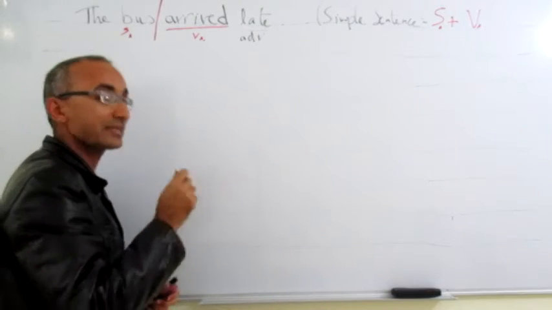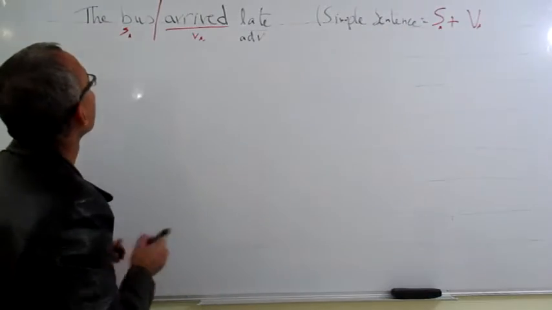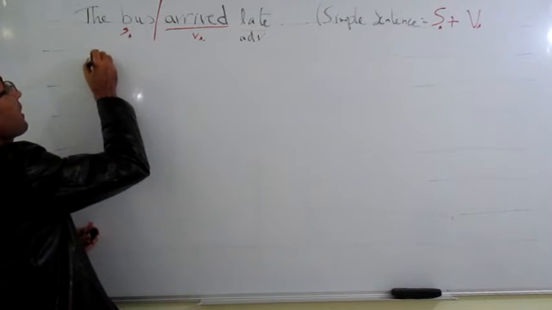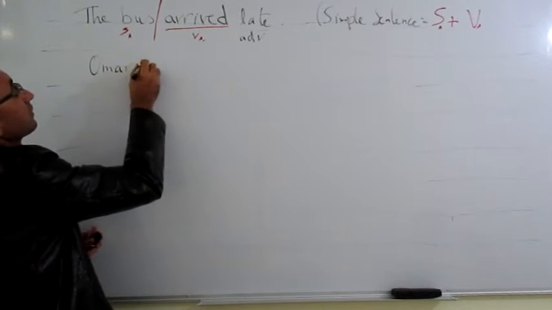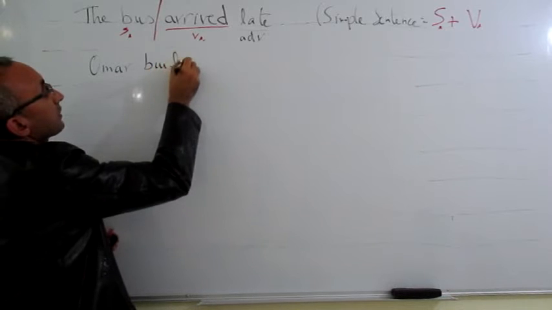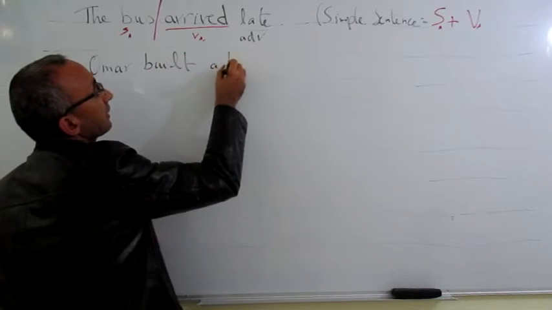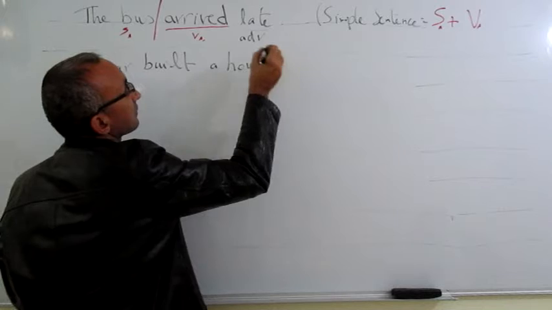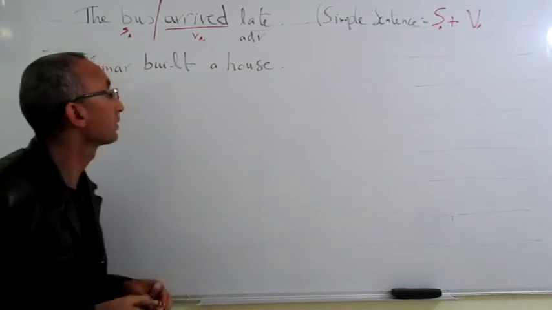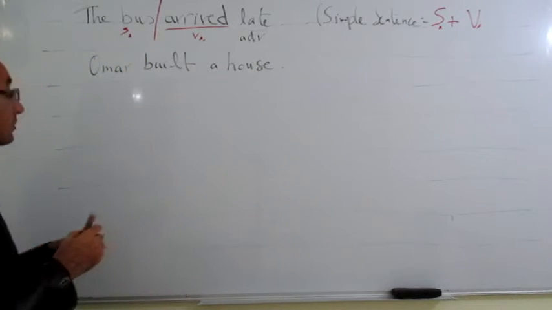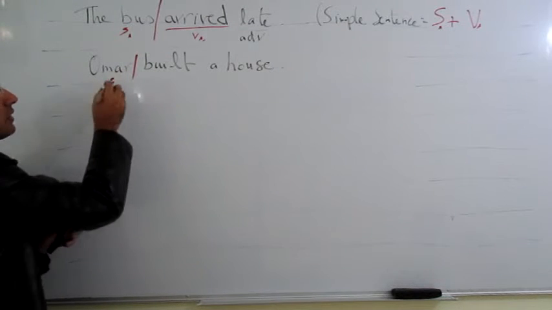Clear? Let's take another example. Omar built a house. A house. I have my subject, Omar. It's only one subject. Built a house is my predicate, complete predicate. Now the first element is the verb.